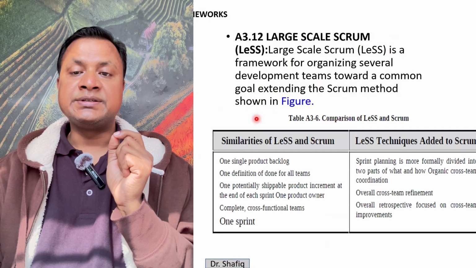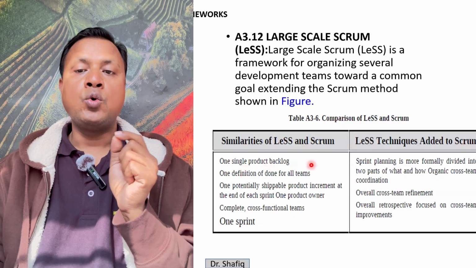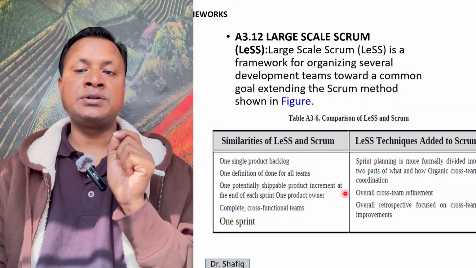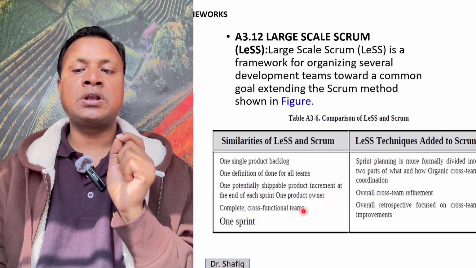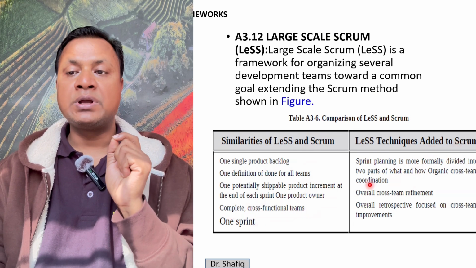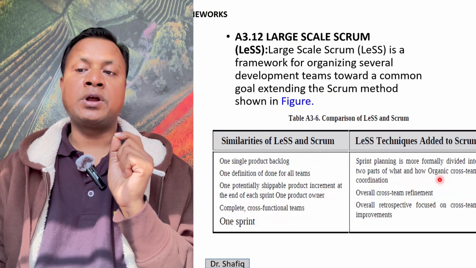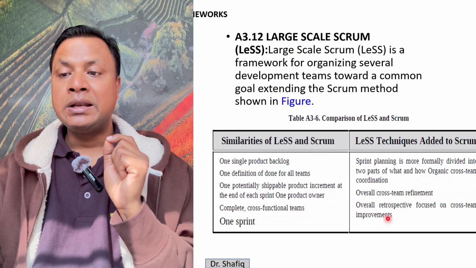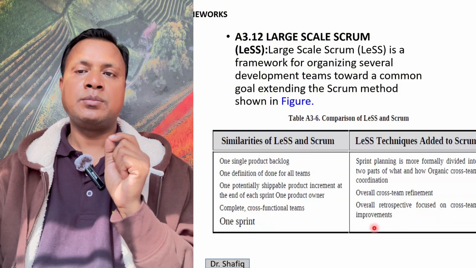There are some similarities between LeSS and Scrum: one single product backlog, one definition of done for all teams, one potentially shippable product increment at the end of each sprint, one product owner, complete cross-functional teams, one sprint. And LeSS techniques also add some more. Sprint planning is more formally divided into two parts, what and how. Organic cross team coordination and overall cross team refinement are there, and an overall retrospective focused on cross team improvements. These are the additions here.